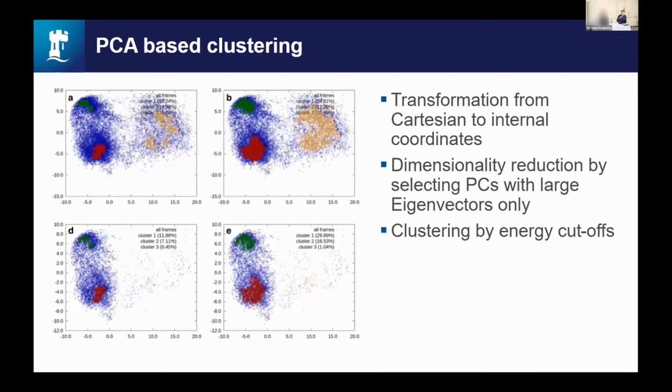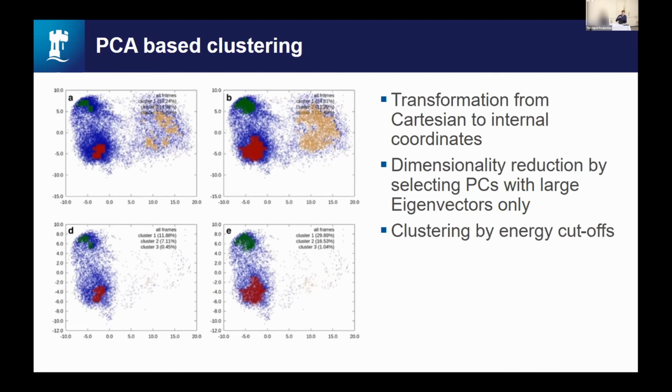When you use principal component analysis, the first step the analysis does for a Cartesian molecular data set is transfer the whole system into internal coordinates. We had a Cartesian space of the molecule wriggling around. We transfer it into a distance matrix of interatomic distances, which is easier to handle and already removes the freedoms of rotation and translation, which we don't want to cluster, obviously.